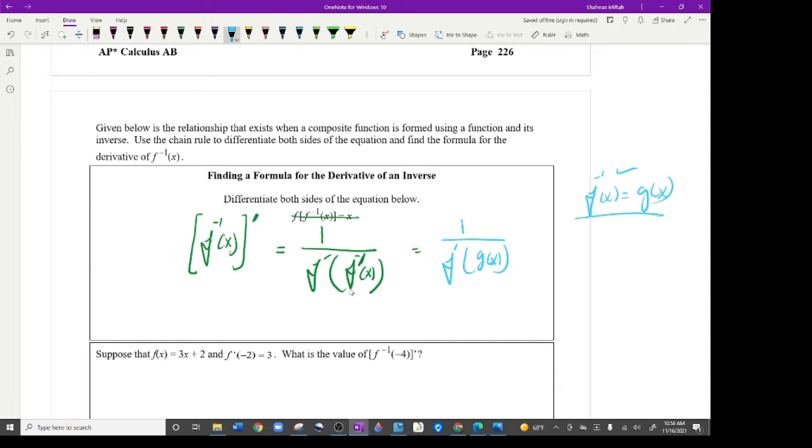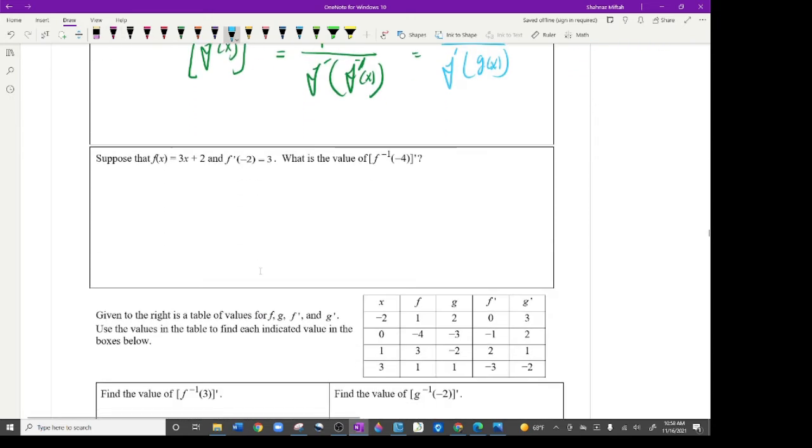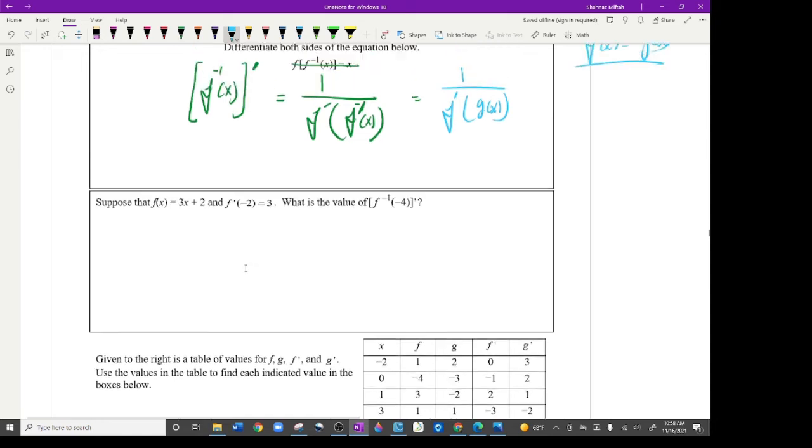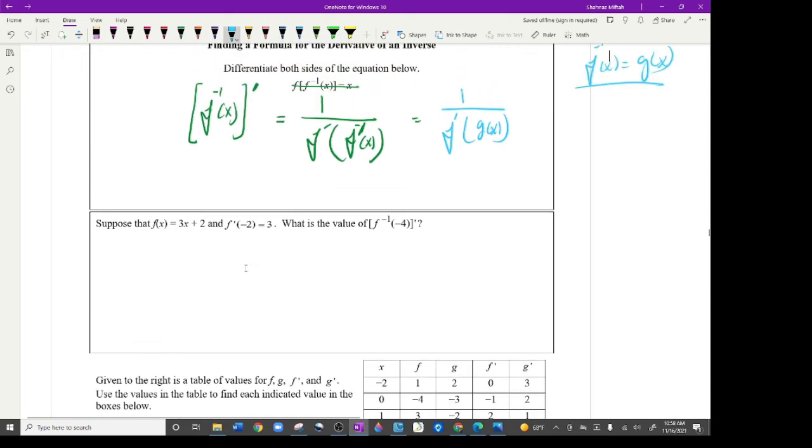Sometimes they say h of x is inverse, then I just write h of x here, but I know that's the inverse inside the parentheses. Is that clear, guys? The formula, right? Okay, let's go. Let's find this now. Okay, Amy.